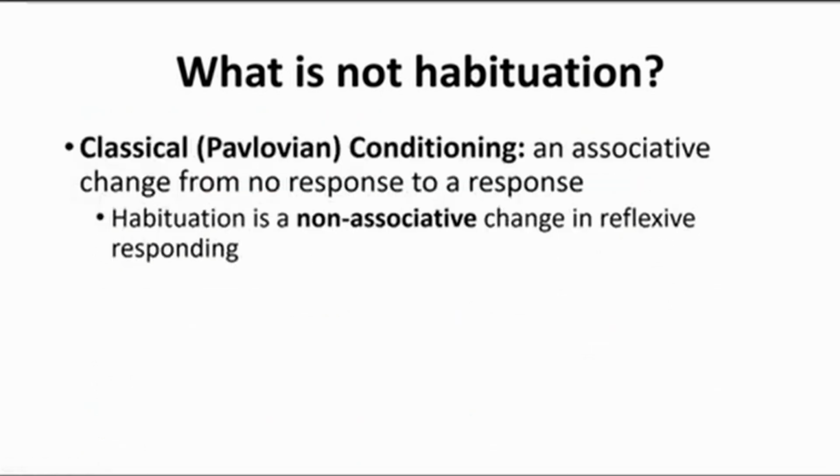Classical or Pavlovian conditioning is another thing that isn't habituation, but might on the surface look a little bit like habituation in certain cases. So we're going to spend a lot more time on classical conditioning next chapter, I believe, but we'll talk about it very, very briefly here. But classical conditioning is an associative change from no response to some kind of response.